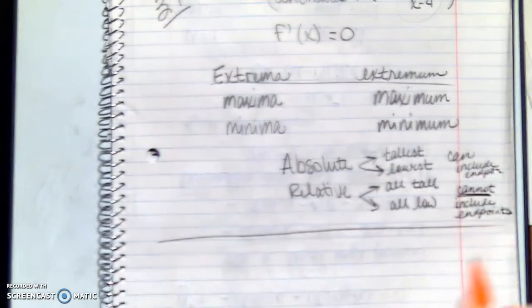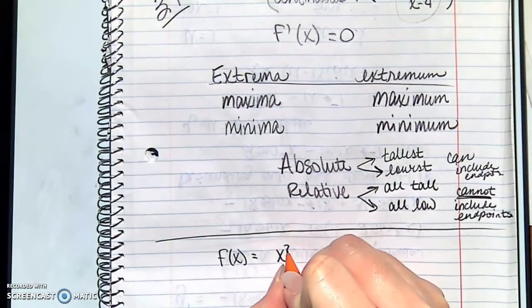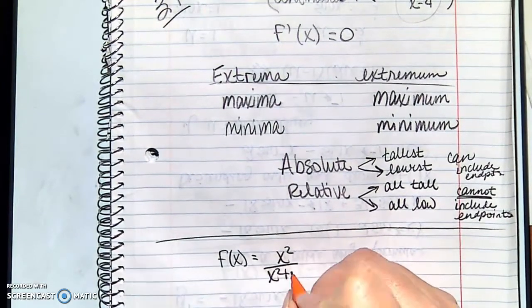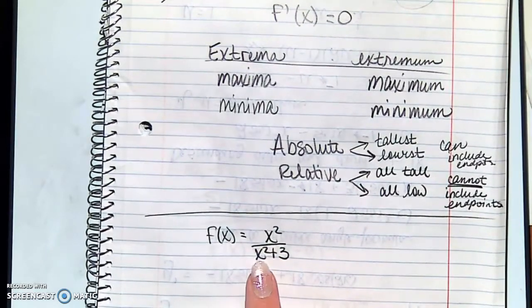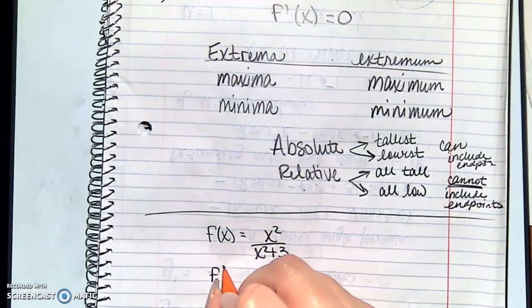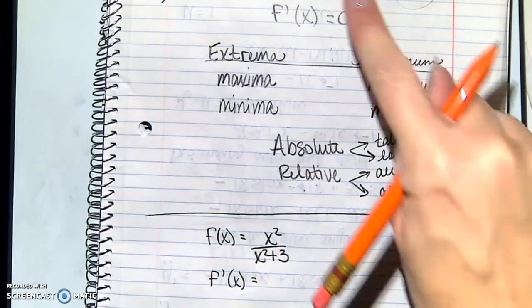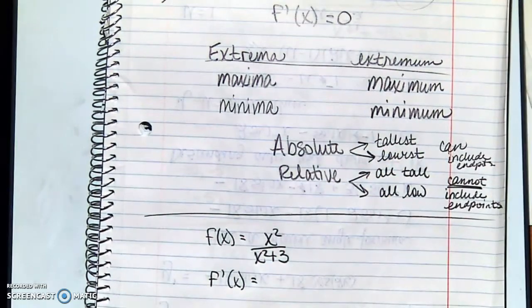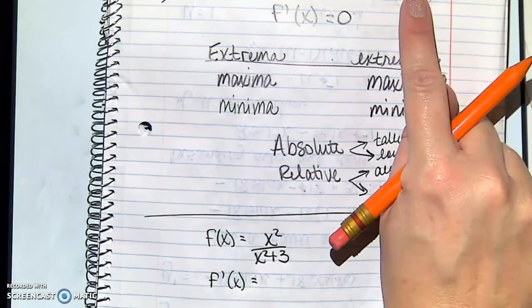So if I grab my function, which is f of x equals x squared over x squared plus 3, that is my function. Well, now what I would need to do is take a derivative. So first of all, before we start this process, is it smooth? Do you see any radicals? No. Is it continuous?